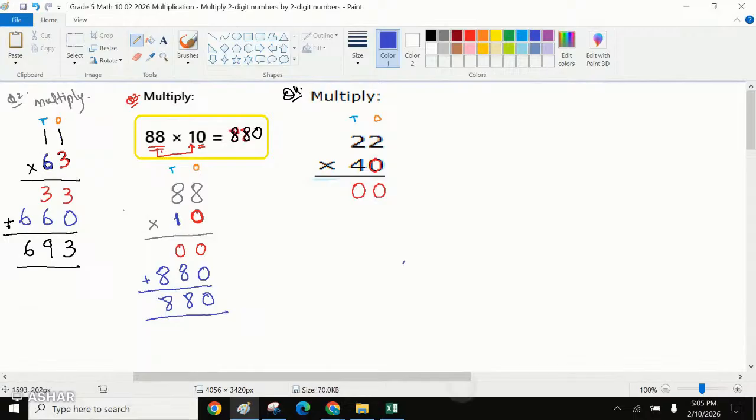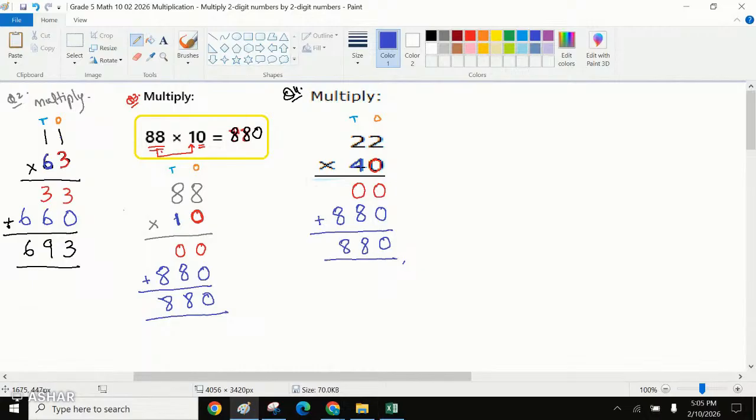But when we do the tens, that was a 4, we have to put a 0. 4 multiplied by 2 is 8. 4 multiplied by 2 is also 8. When we add them, 0, 8, and 80.